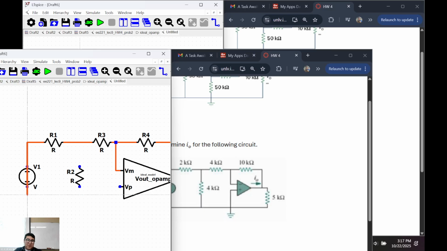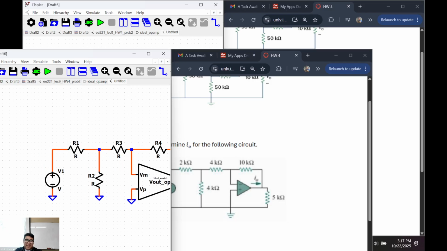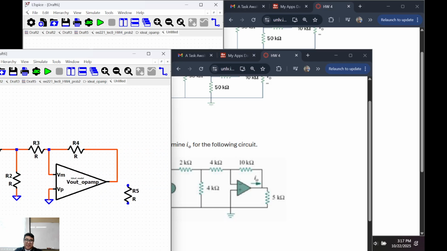Then this goes down to ground, this also goes to ground, and this right here is a resistor that goes to ground.